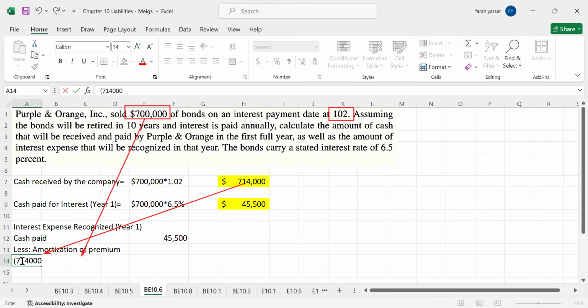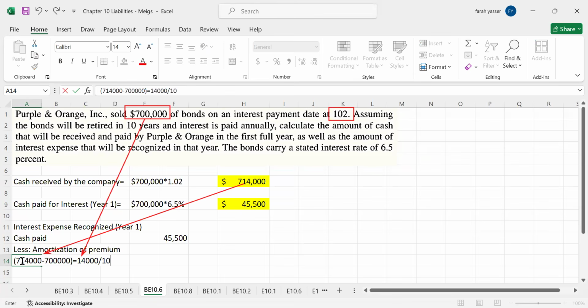The difference between these two is 714,000 minus $700,000. The difference is 14,000, and the total life of the bond is 10 years.